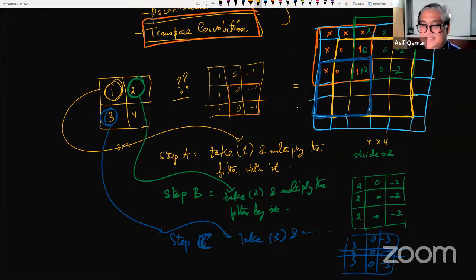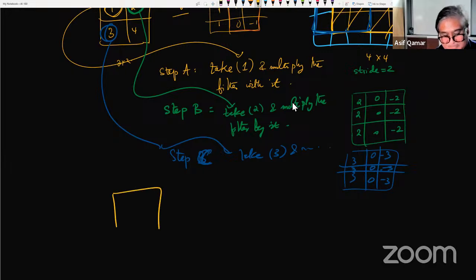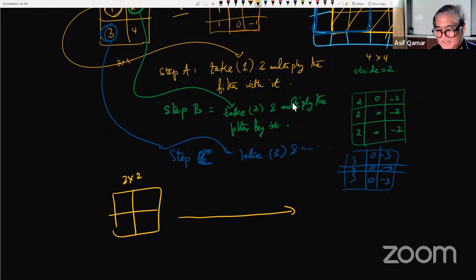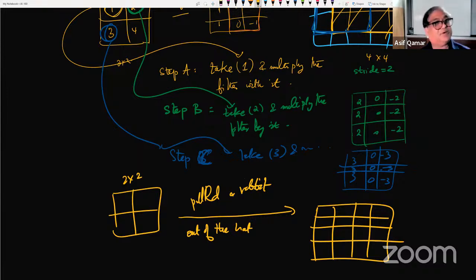I have gone from a 2 by 2 feature map, pulled a rabbit out of the hat, and ended up with a 4 by 4 feature map.